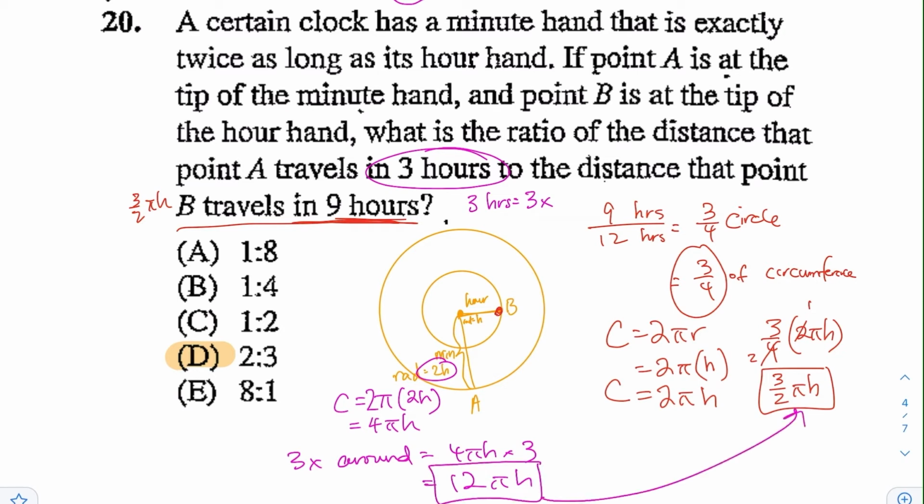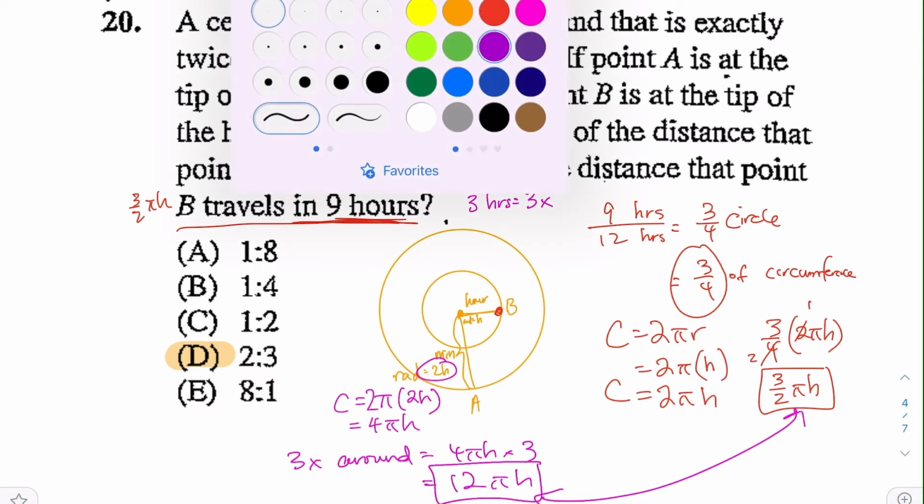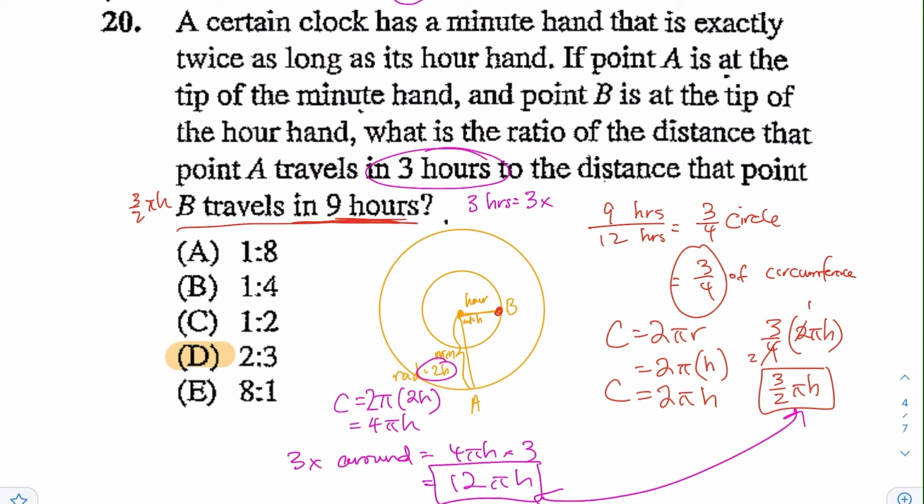And you want the ratio of these two. So the ratio of the distance that point A travels is 12 pi h. And you want to take that ratio to B, which travels in 9 hours. It only goes 3/2 pi h.